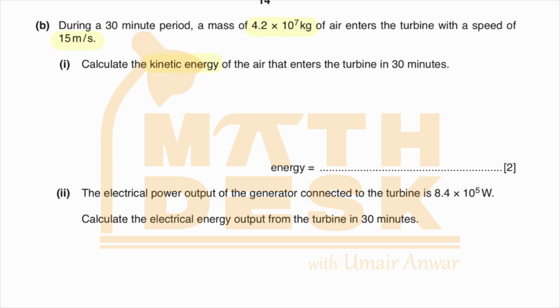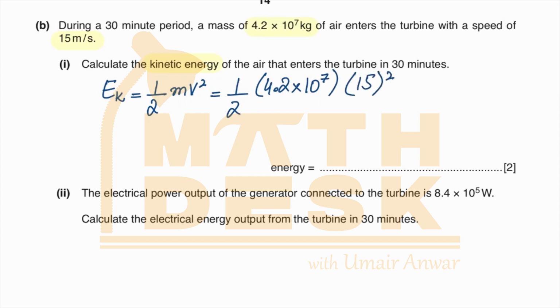So kinetic energy is given by the formula half mv squared. So I am replacing the values. The mass would be replaced as 4.2 × 10^7, and the speed would be replaced as 15 squared.